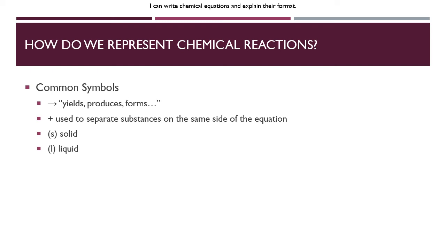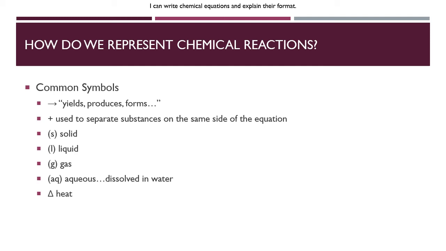And then some symbols that we use to represent physical states: S for solid, L for liquid, G for gas, and then AQ to mean aqueous. That just means dissolved in water. Notice the same root of the word aqua is in that word aqueous. That's where it comes from. It means dissolved in water, so it's a solution.